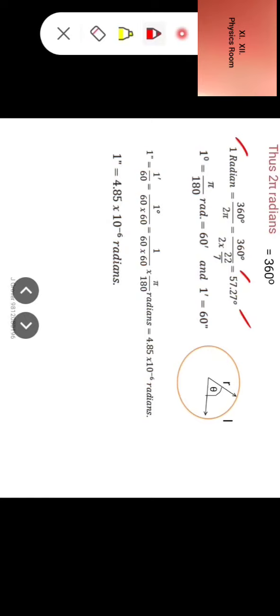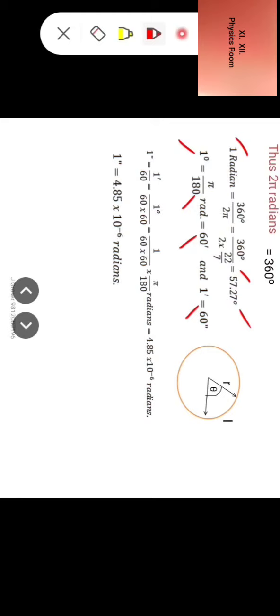Now 1 degree is equal to pi by 180 radians. Also 1 degree is equal to 60 minutes, and 1 minute equal to 60 seconds. Now how much is 1 second in radians? We convert 1 second into radians.